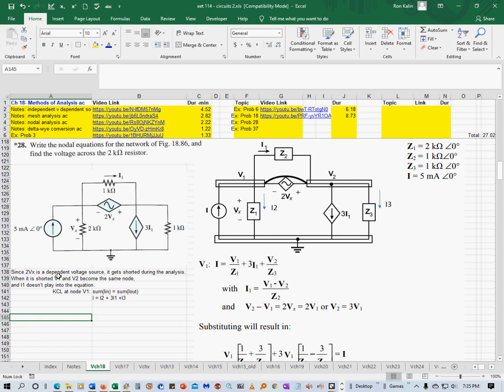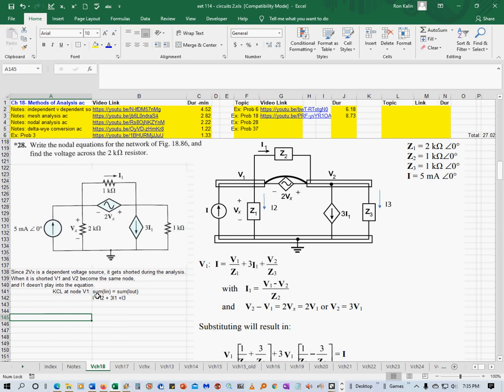Since 2Vx is a dependent voltage source, it gets shorted during the analysis. When it is shorted, V1 and V2 become the same node, and I1 doesn't play into the equations because there is no current going through there while this short is in place.